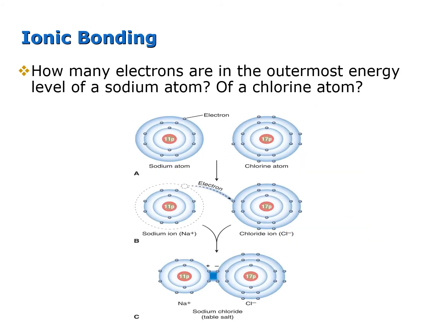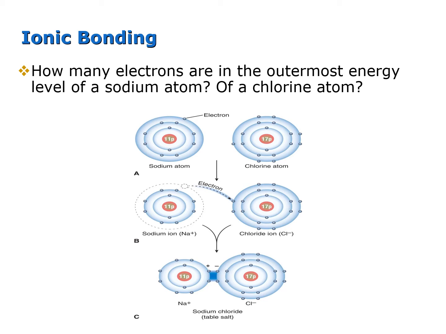Let's review now. Again, I have sodium with 11 protons that makes up for 11 electrons in a normal atom, distributed into 2 for the first level, 8 for the second level, and the third one having just 1 electron to make up for 11 electrons.